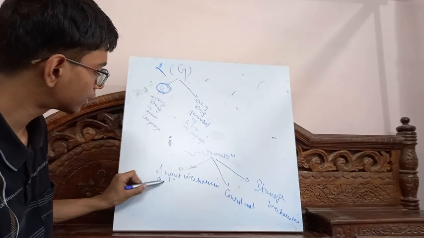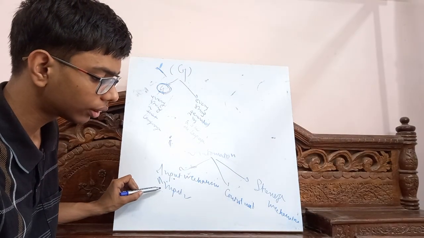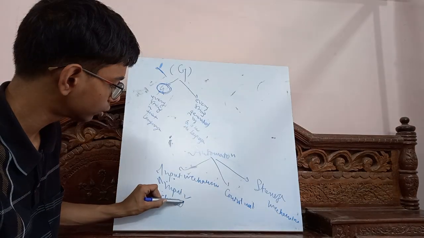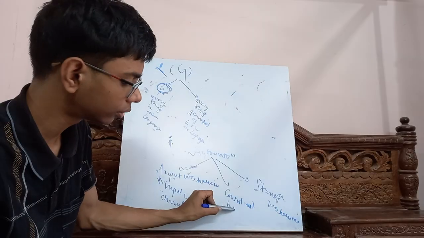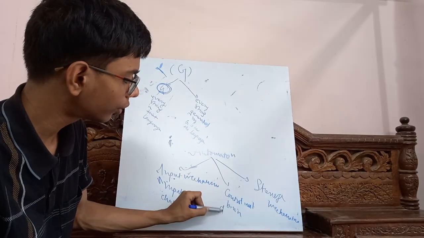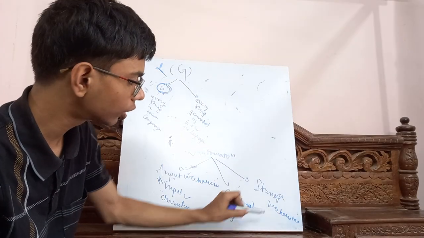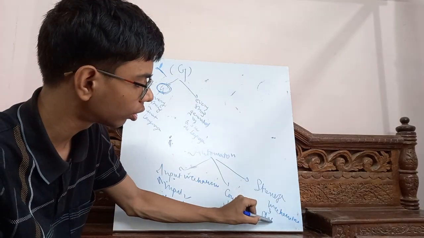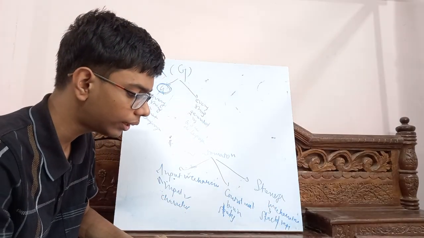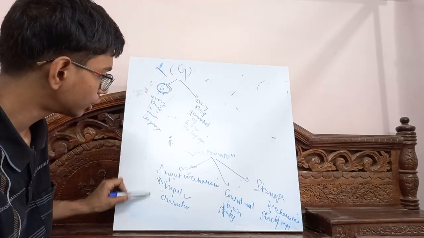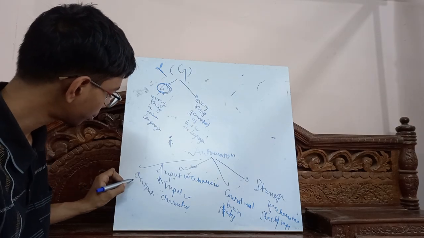The input mechanism reads the input, usually character by character. The control unit is like a brain which can be in different states. The storage mechanism is like a stack or tape. An automaton can possibly also have an output mechanism.